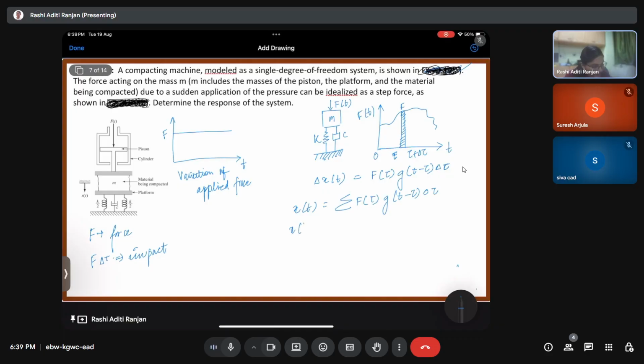Further, x of t can be written as the integration from 0 to t of f of tau, g of t minus tau, d tau. This is going to be our total solution.